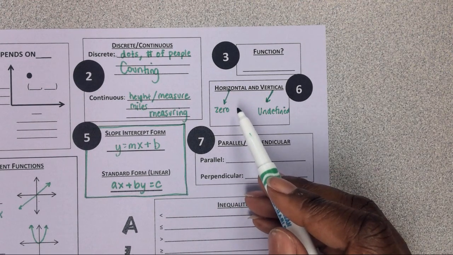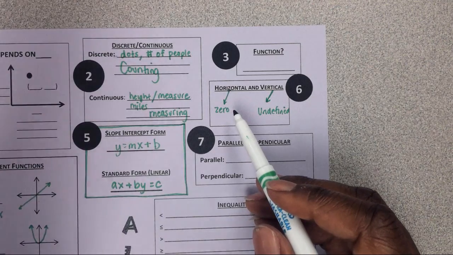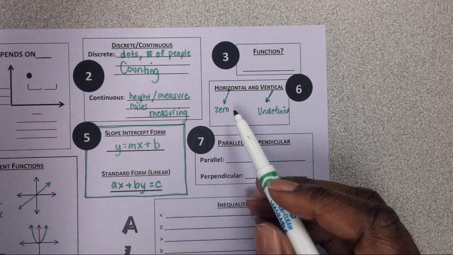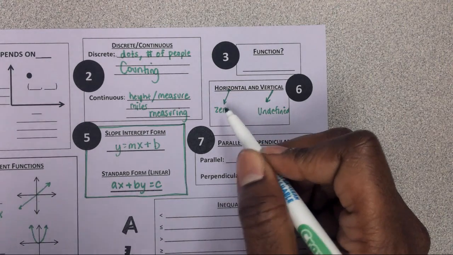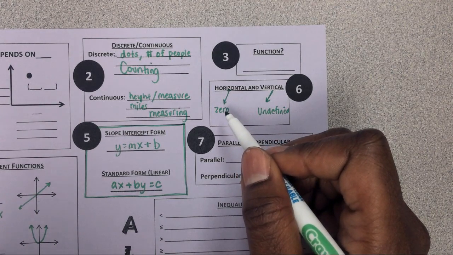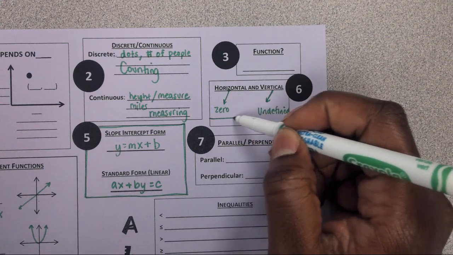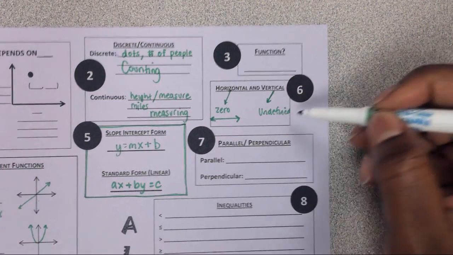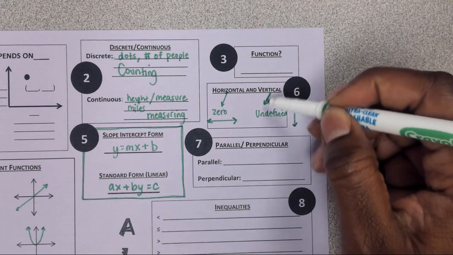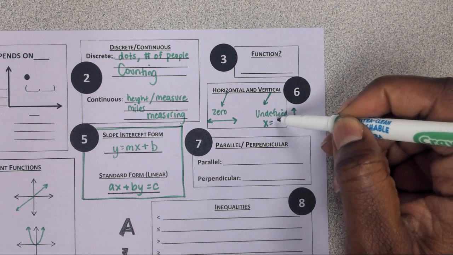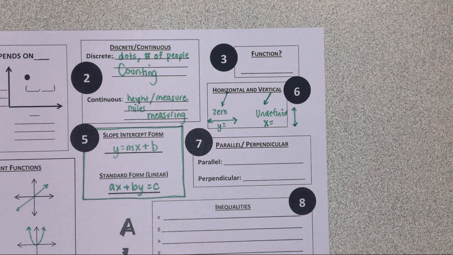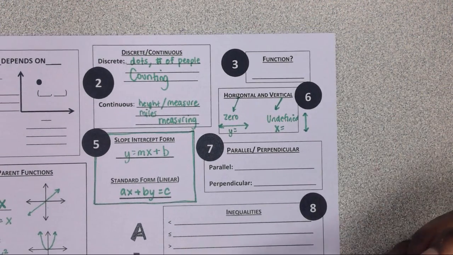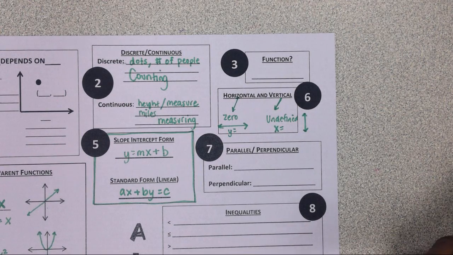What does a horizontal equation look like? Zero slope horizontal line. What does it look like, the equation? The line looks like this. Very good. This will be x equals anything. This is y equals. All right. Any questions before we move on? No.